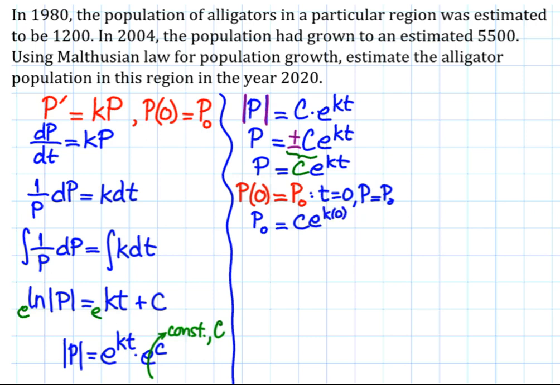Now e to the 0 power is 1. We just have c equal to p naught. So we will substitute in this equation. We have p equal to, instead of c, p naught e to the kt.